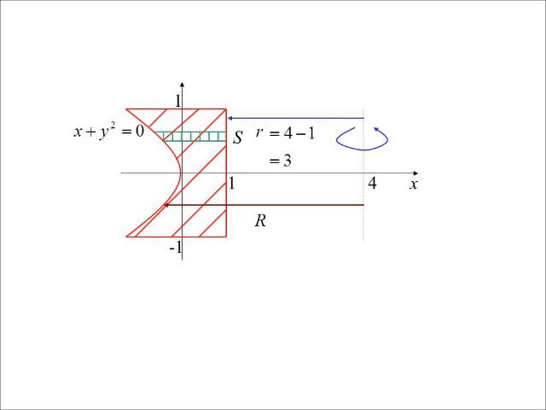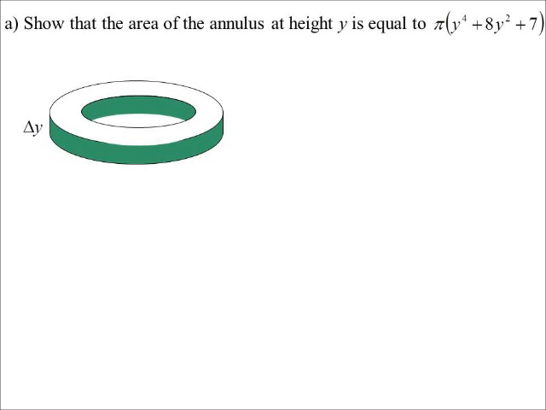So just because the curve's in the negatives, don't let it throw you. If the curve was in the positives, then it would be obvious. You'd look at it and say, oh, 4 minus the x value. It doesn't change just because the curve's over on the negative side. So it's 4 minus the x value. The x value, this is again where we've got to be careful, because if we rewrite this, x will be minus y squared. So I do actually end up with 4 plus y squared as the outside radius.